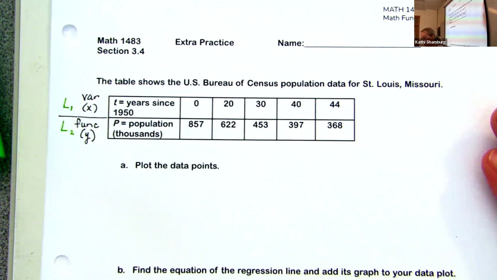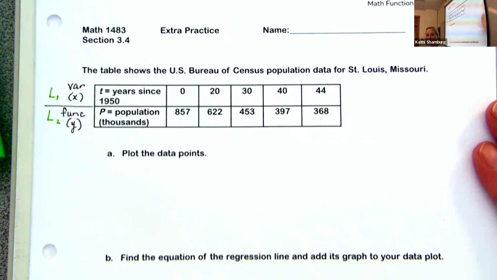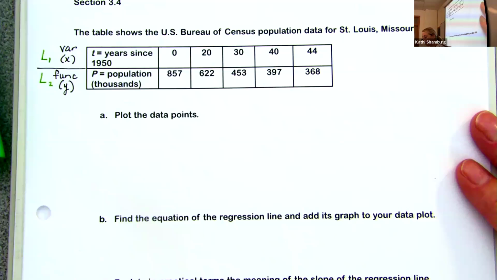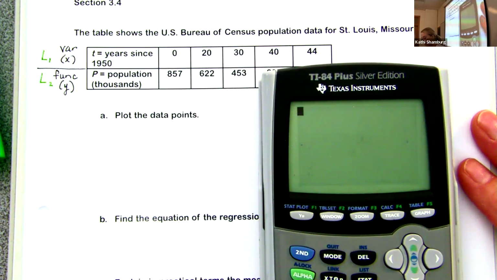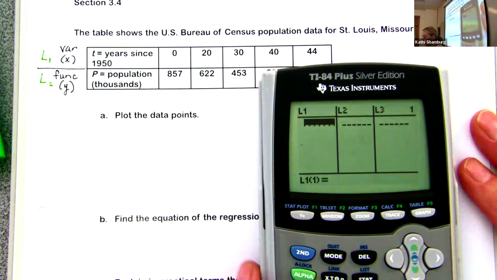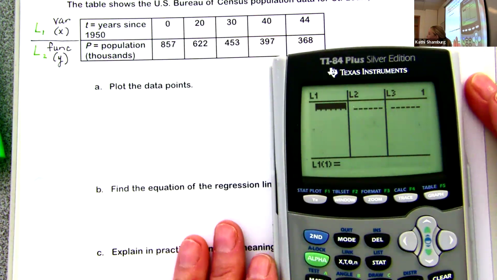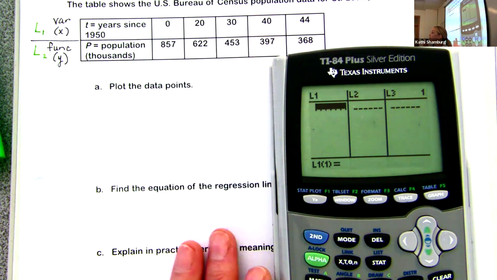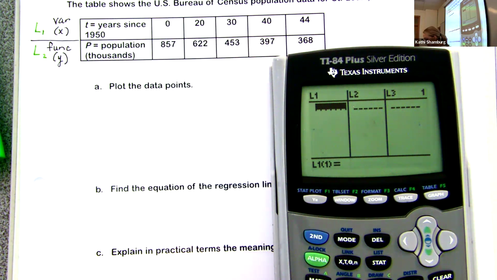Okay. All right. So it says plot the data points. So I know I'm going to have to enter these in my table. So it's stat 1, and then go ahead and enter your list 1 and your list 2. And you need to be to a point where you can do this pretty quickly, because you don't want to have to be trying to figure this out on the test.